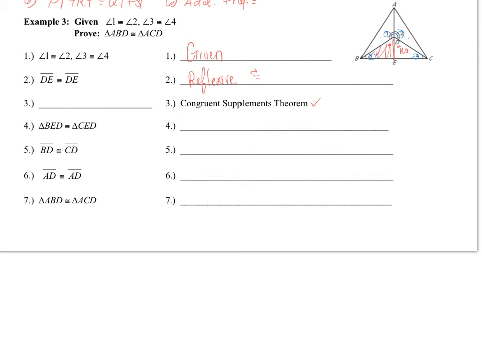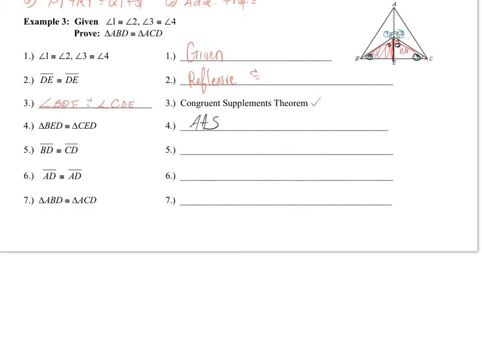So let me first state that angle BDE is congruent to angle CDE. Okay, and then therefore triangle BDE and triangle CDE will be congruent to each other by the fact that this angle is congruent to this angle, and this angle is congruent to this angle, and this side is congruent to this side, so we have angle, angle, side.